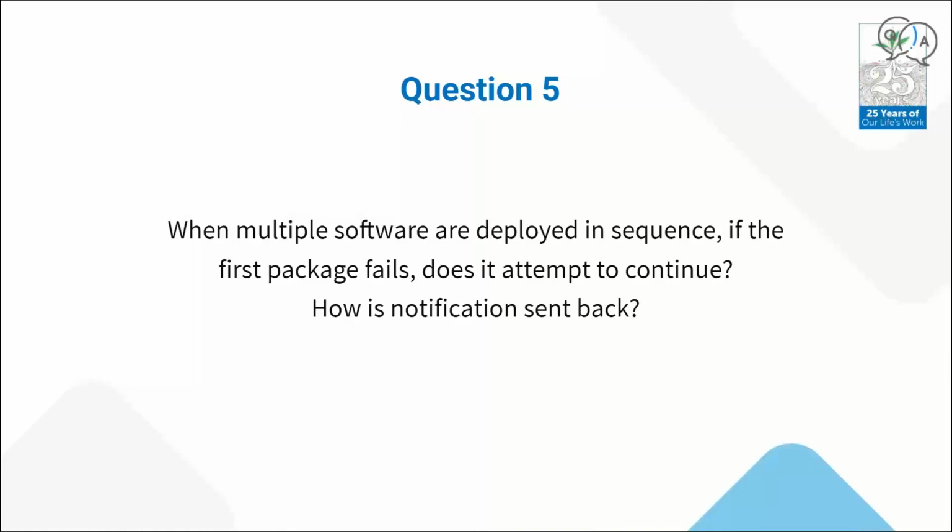When multiple softwares are deployed in a sequence, if the first package fails, does it attempt to continue? Well, no. When you have multiple packages in a sequence, if the first package fails, it does not attempt to continue. But you can enable email notifications and receive instant updates about the process.